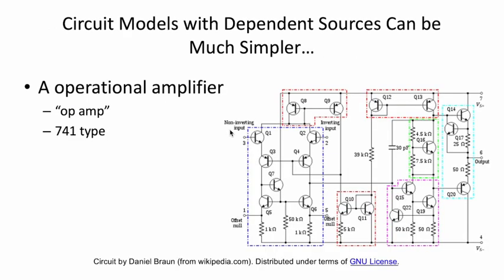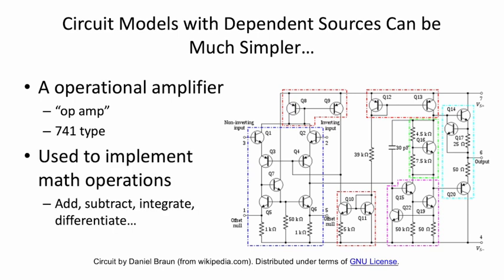Here's another example. This is an operational amplifier, or op-amp, 741 type, an industry standard. These are very, very useful in implementing mathematical operations such as add, subtract, integrate, differentiate, and others.